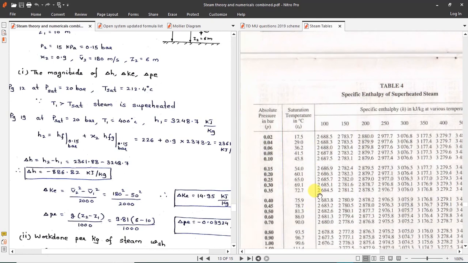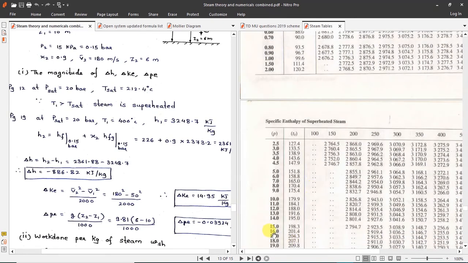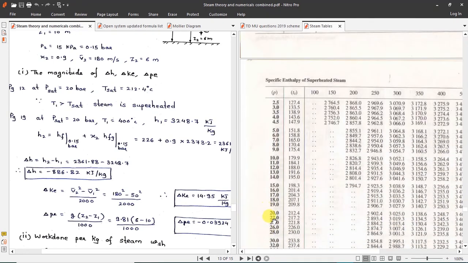So for 20 bar pressure, you can see Tsat is 212.4, confirm this, Tsat is the same. Now what is the temperature given? 400. So for 400 degrees Celsius temperature, what is the enthalpy? 3248.7. So enthalpy is 3248.7 kilojoule per kg. In this way we calculate the enthalpy of superheated steam.